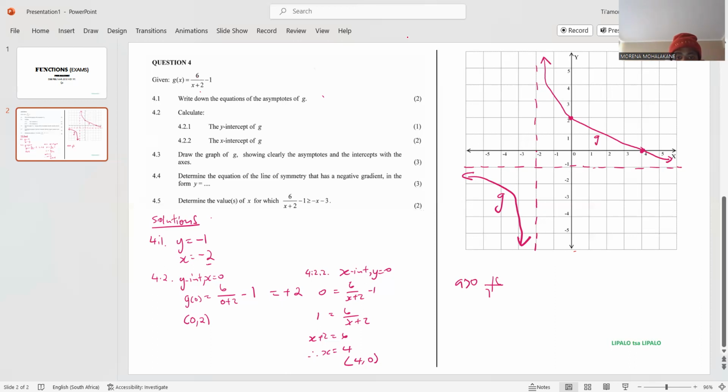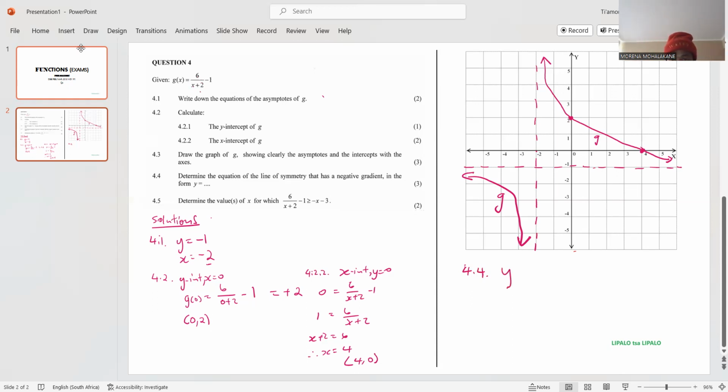Determine the equation of the line of symmetry that has a negative gradient. Axis of symmetry with a negative gradient. I'm going to take this thing here, right? So it's going to be a negative gradient.